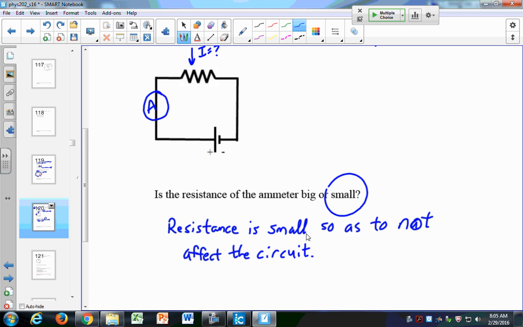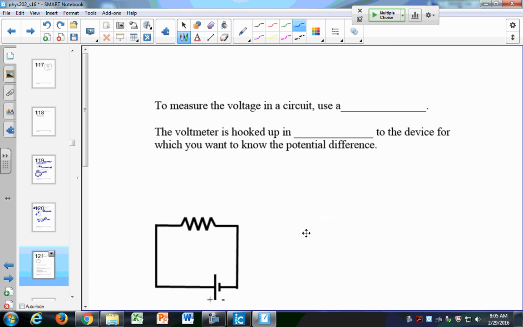All right, let's look at voltmeters. To measure the voltage in a circuit, use a voltmeter. And the voltmeter is going to be hooked up in parallel. Remember how we talked about when we measure the current, we measure the current through something, how the current flows through the resistor, but you measure the voltage across or between 2 points.